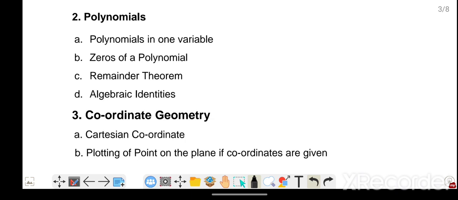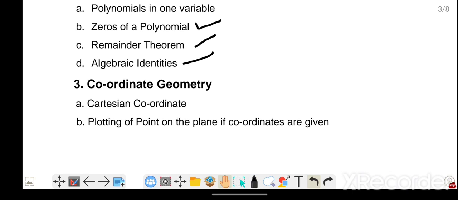Next chapter is polynomials. Polynomials in one variable, zeros of a polynomial, remainder theorem, algebraic identities. Next one is coordinate geometry.